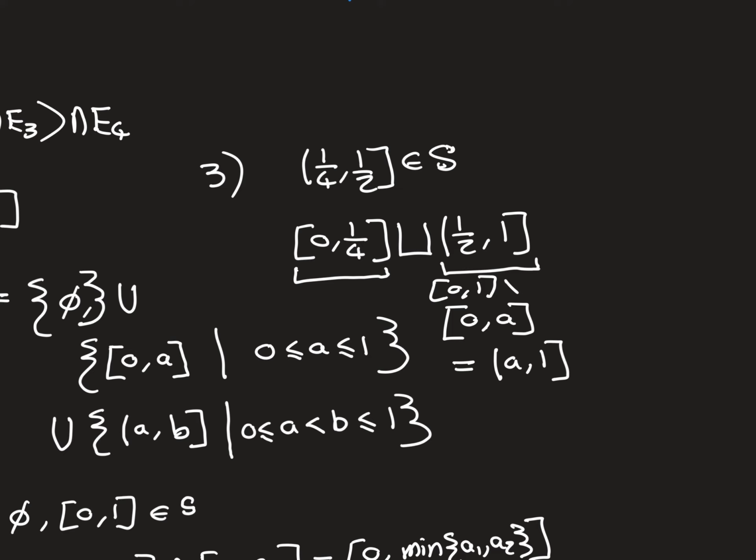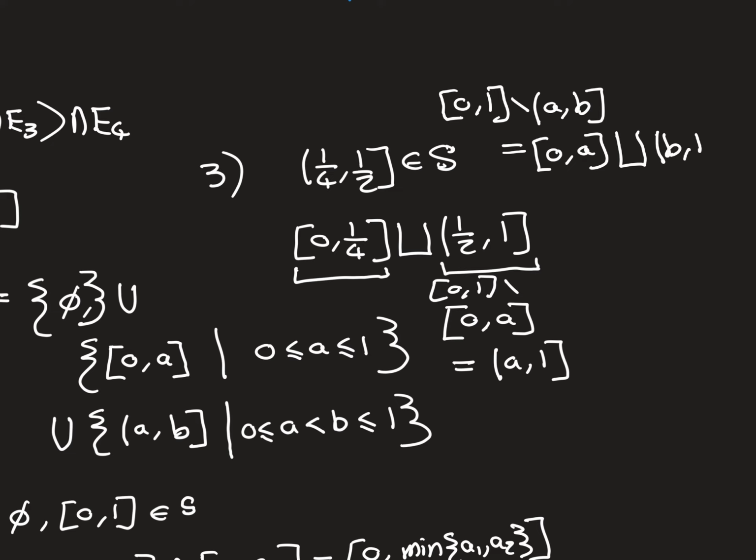So then, if we take the final case, AB, and take its complement, so the 0, 1 subtract AB, it's then going to be equal to the disjoint union of 0 to A, closed at both sides, with then B, 1.